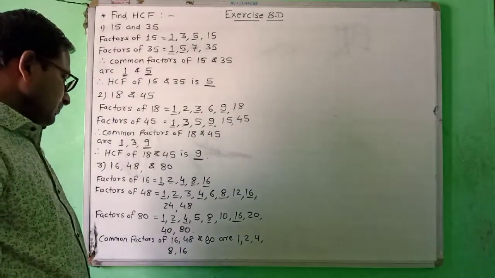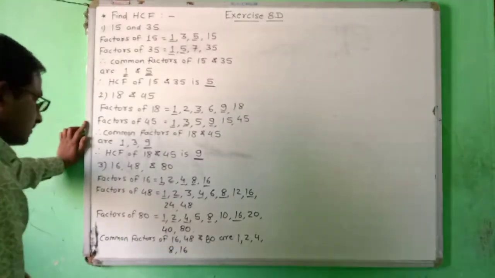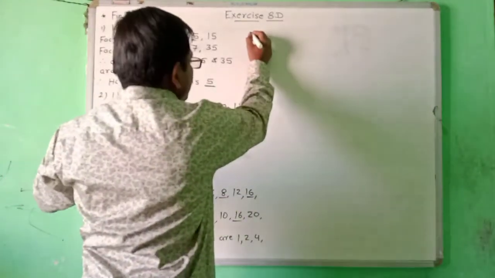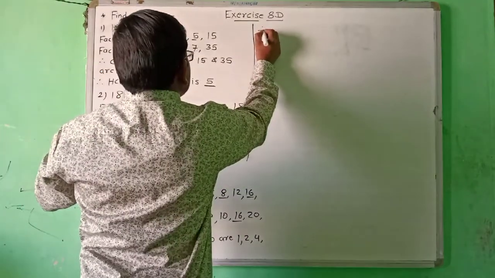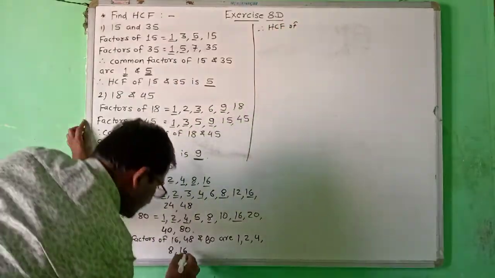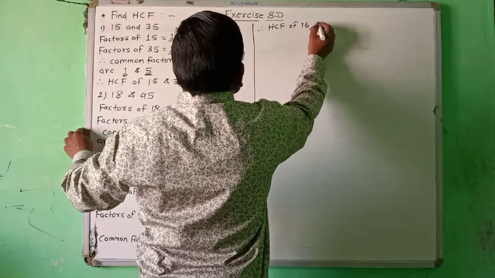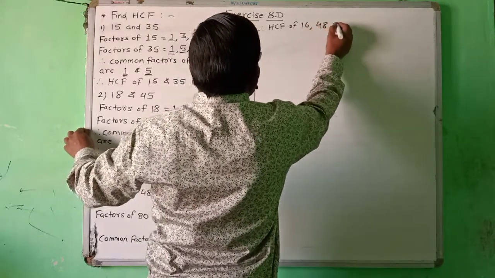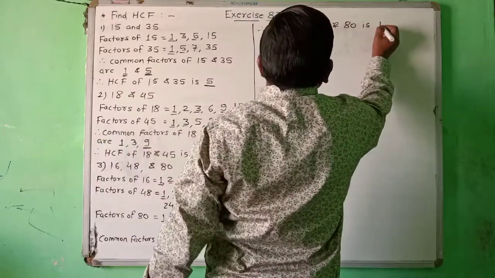So therefore the highest common factor of 16, 48 and 80 is 16.